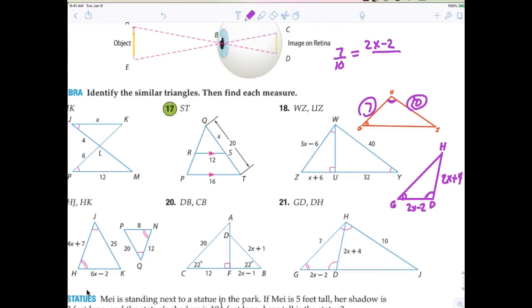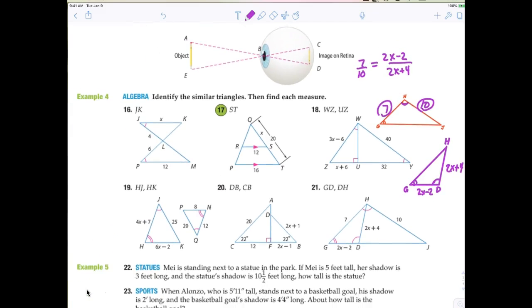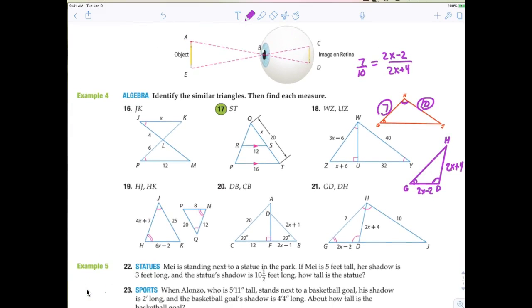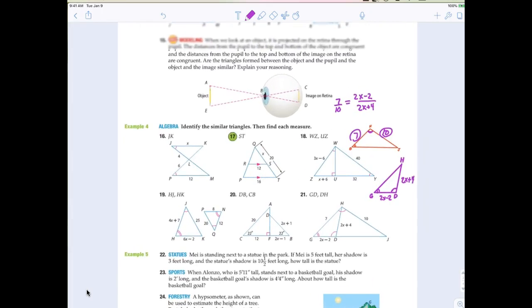And then 10, just to make sure I'm correct, is between no mark and 1 mark, which means 2x plus 4. Is everybody good on that? I think the hardest part is just setting it up. I don't have to worry about solving the proportion, where you just have to figure out what corresponds to what. Very, very important. The other one that's really super important here, somebody asked me about it yesterday.